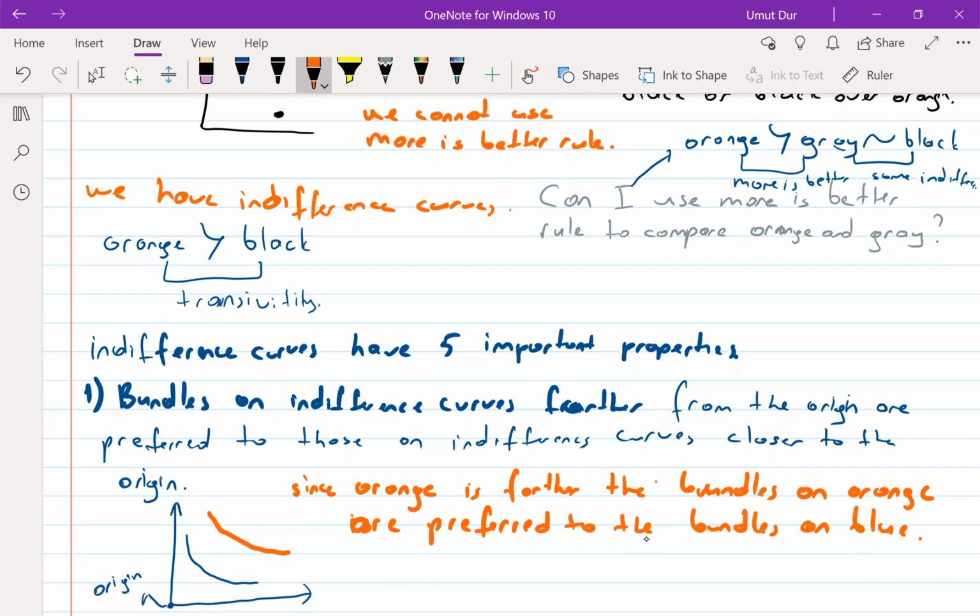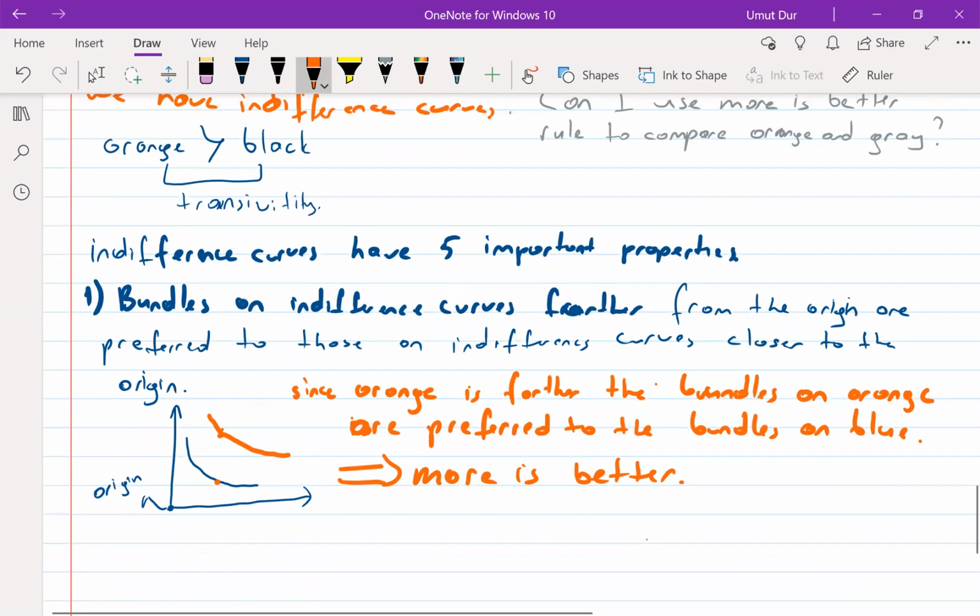Any bundle that I consider on orange is preferred to any bundle on the blue one, and this directly follows from the more is better assumption. So this is the first property.